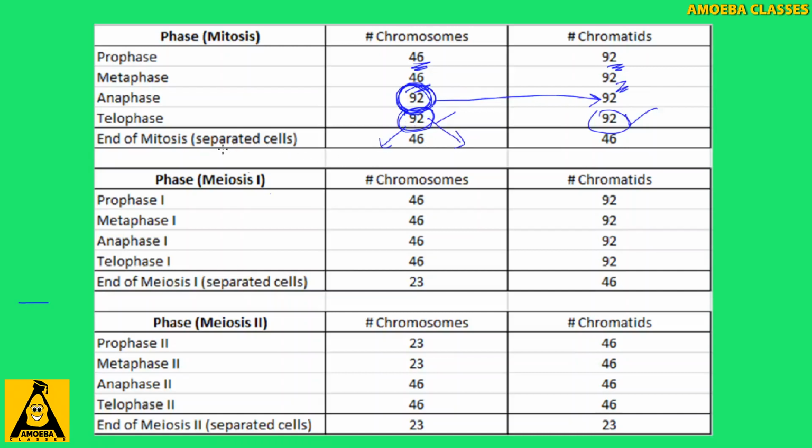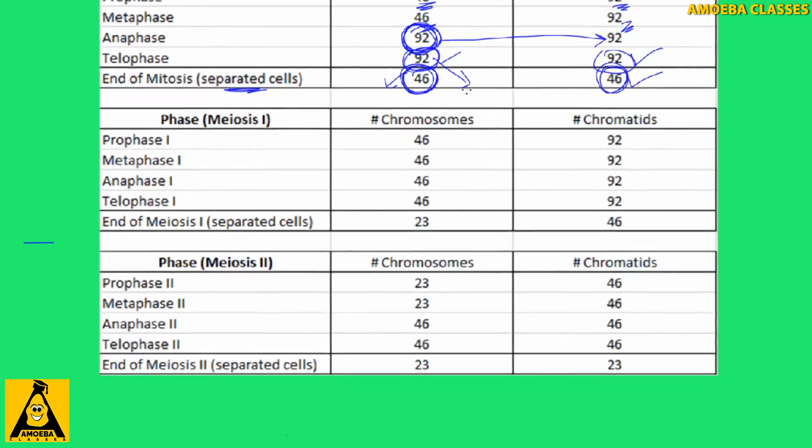Now each separated cell has how many chromosomes? 46, and how many chromatids? 46. So make sure to remember these numbers, how the chromosomes are formed properly in the correct sequence and numbers.